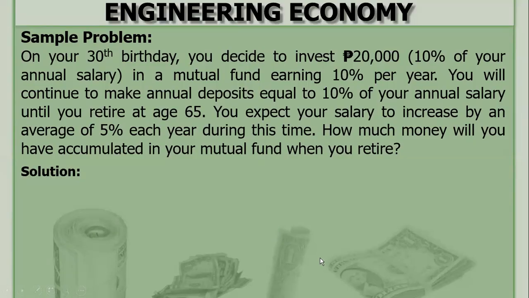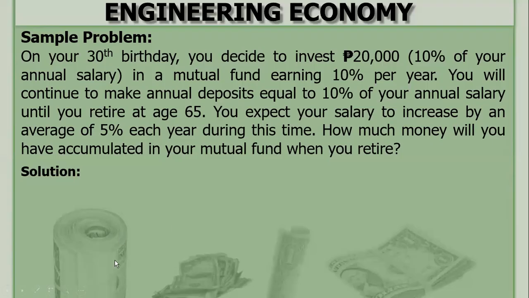Okay, another one. On your 30th birthday, you decide to invest 20,000 pesos. That is 10% of your annual salary. Therefore, your annual salary is 200,000, and 10% of that is 20,000. You decide to invest 20,000 pesos in a mutual fund, earning 10% per year.